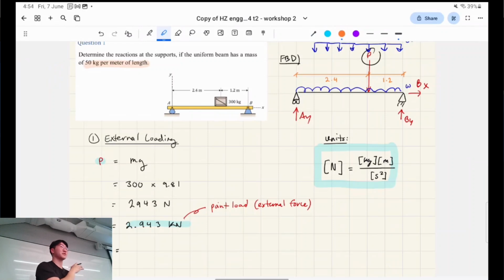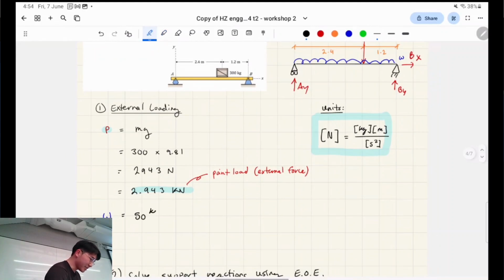Sorry, I probably should have explained: this is due to the self weight of the beam. This is kind of unusual for engineering mechanics because I've only seen this question account for self-weight. It is sometimes something you do have to account for in later courses, but in engineering mechanics you don't usually have a uniform distributed load for every single beam. It's just in this particular question we have self-weight to account for.